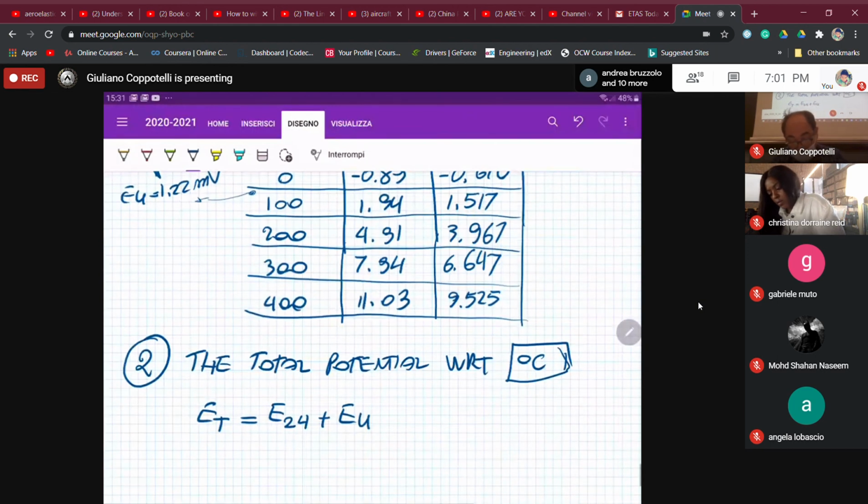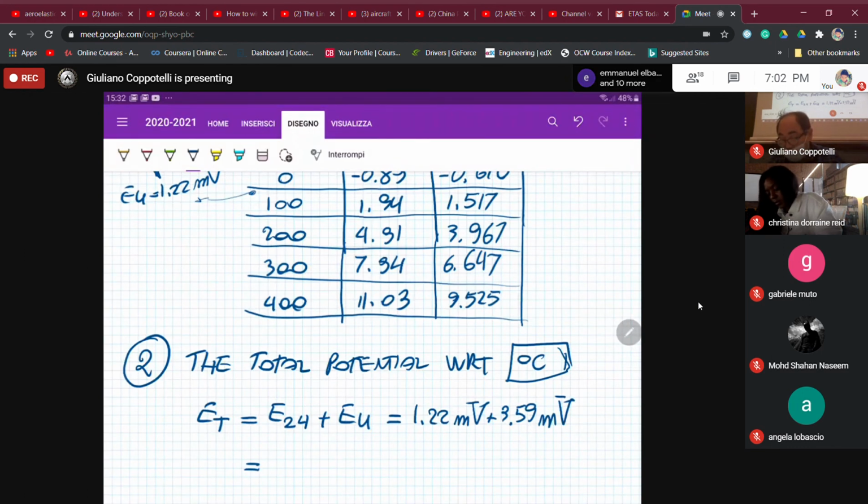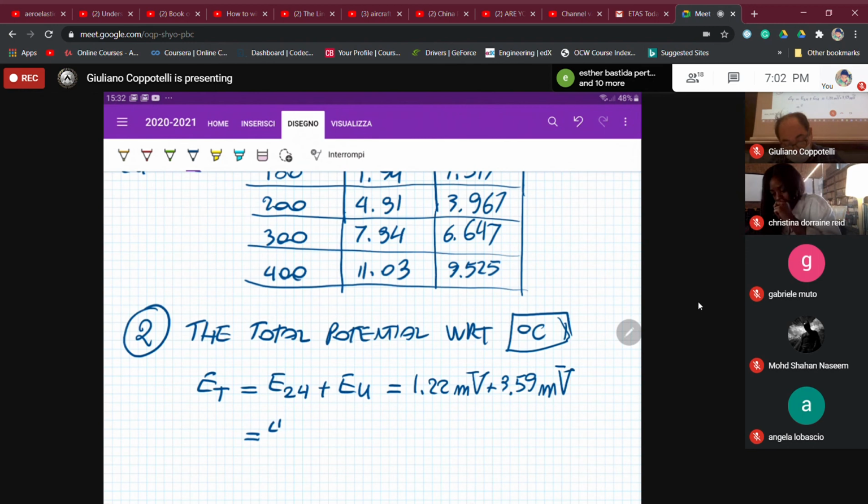That is 1.22 millivolts plus 3.59 millivolts. That is, the output tension is 4.81 millivolts.